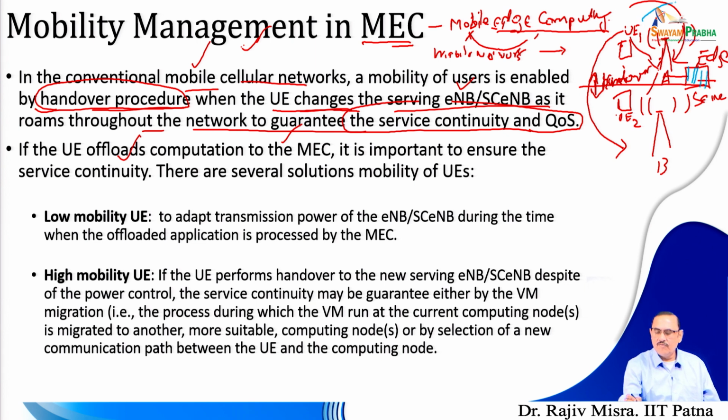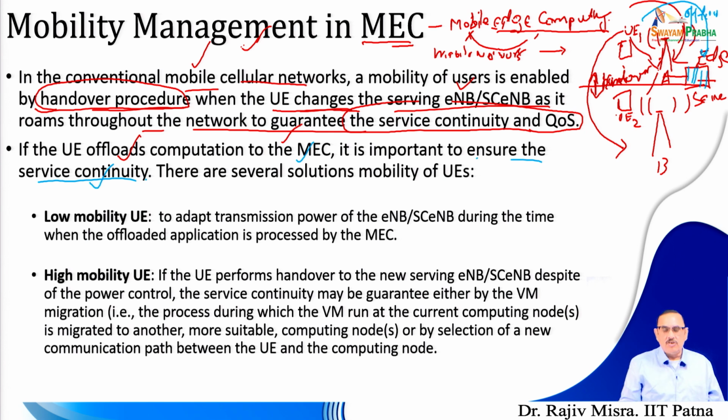So, if it offloads to the edge server, offloads computation to MEC, then it is important to ensure the service continuity. So, as he moves, so all these service continuity has to be ensured, how that we are going to see.